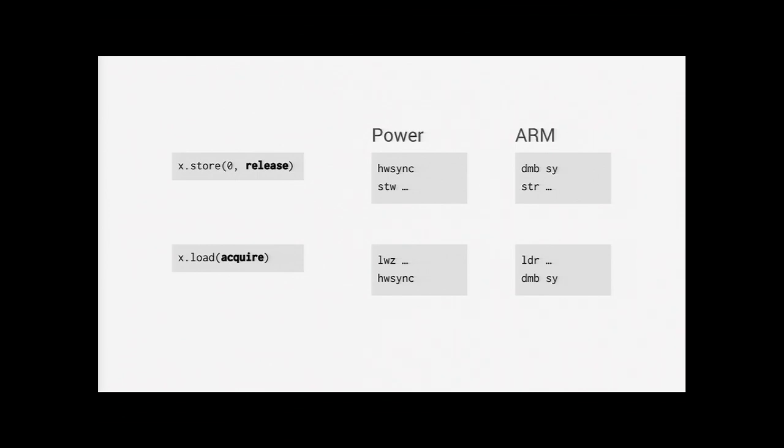Another simple example is that most processors have several kinds of fences. So for example, you have a heavyweight sync or DMB system-wide on ARM. And these are often too much. For example, they are enough to guarantee seq_cst, but for release acquire, you have lightweight sync and DMB ish, which are much cheaper. So it was not always using the right one.